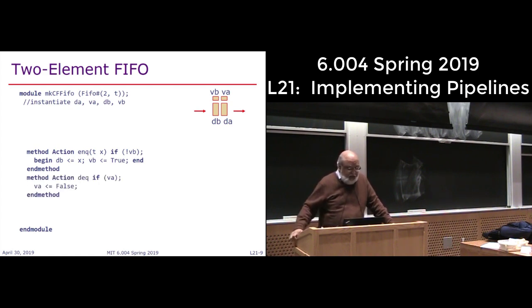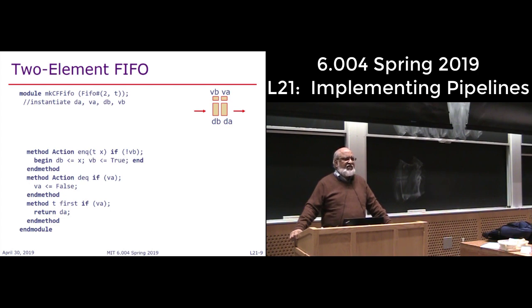And similarly, you can write DQ. As long as there is something in DA, you can take it out and mark it false. And first will be very similar too. As long as there is something in VA, you can read it. So far, so good.